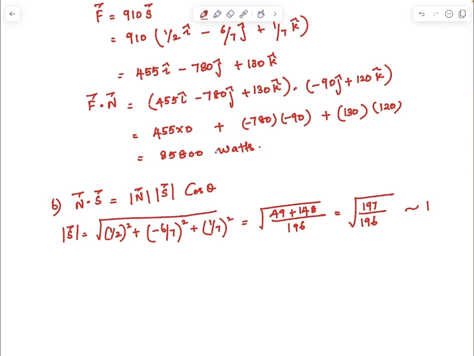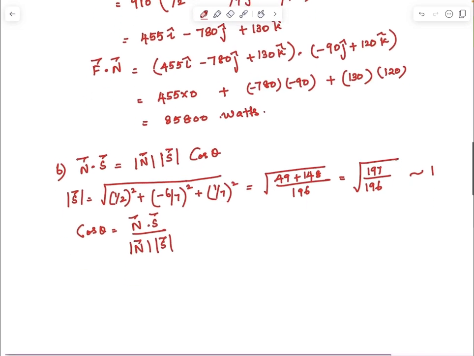Now the angle between n and s. Now we know what is n, what is s, magnitude of n, magnitude of s. So let's get the cos theta, that is dot product of n and s by magnitude of n, magnitude of s.